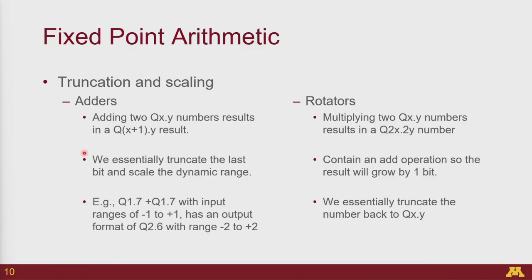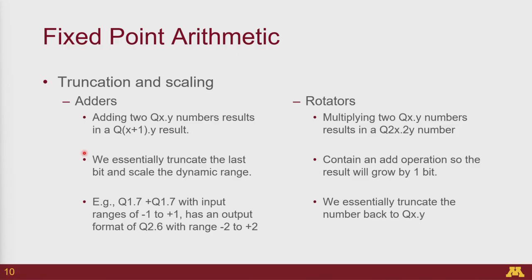Okay, so what do I mean by the format may not stay constant? When we are working with fixed point numbers and adders and multipliers, generally we'll have something which is called truncation or scaling. Essentially, when you add two n-bit numbers, the result is actually going to be n plus 1 bits, right?